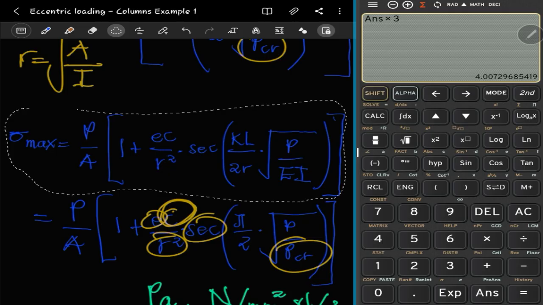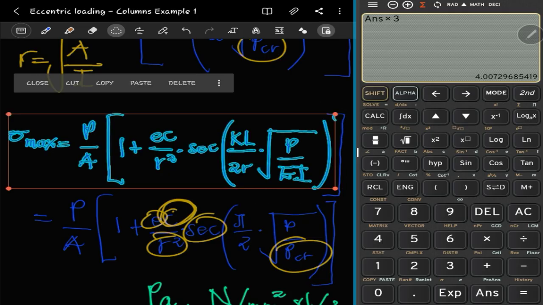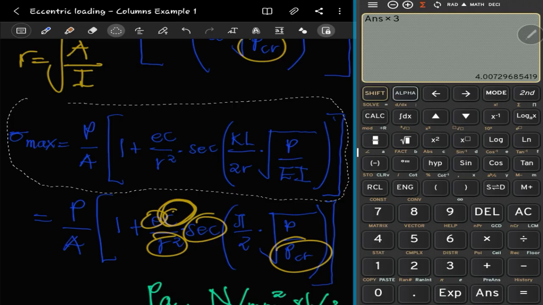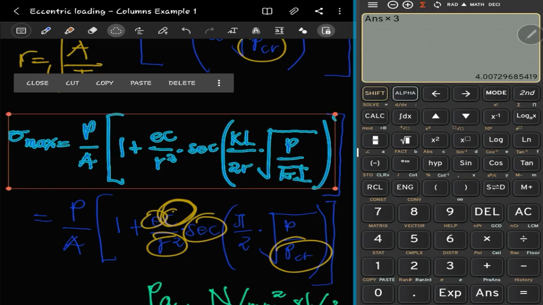One good thing to know is that the first one, this one right here, is derived from this one. So even if you have the first one, you can just put in whatever you have available. But here, because the end conditions are not given, we are using this.